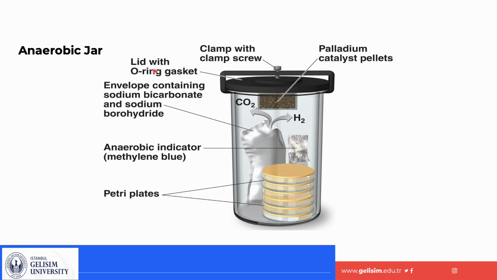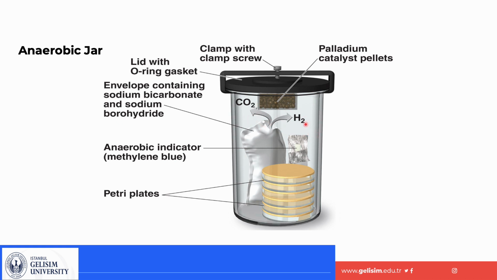Here's an anaerobic jar. Notice that this is a chamber that essentially will remove oxygen and provide higher levels of carbon dioxide. You have this envelope that contains sodium bicarbonate and sodium borohydride, which releases carbon dioxide and hydrogen gases.